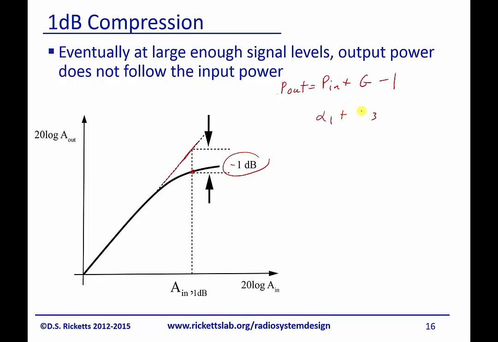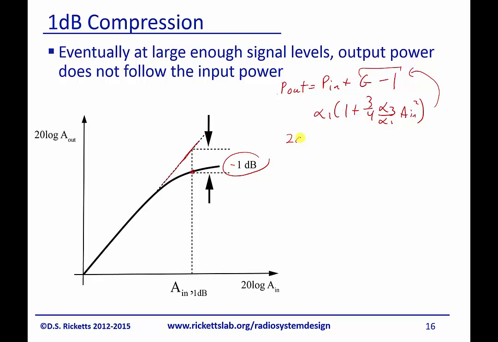Actually, we rewrote that, and I'll do that to make it simpler: alpha 1 times (1 plus 3/4 alpha 3 over alpha 1 times A in squared). That is our voltage gain, if you remember, and we're going to want to find out when it is equal in the power domain to G minus 1.